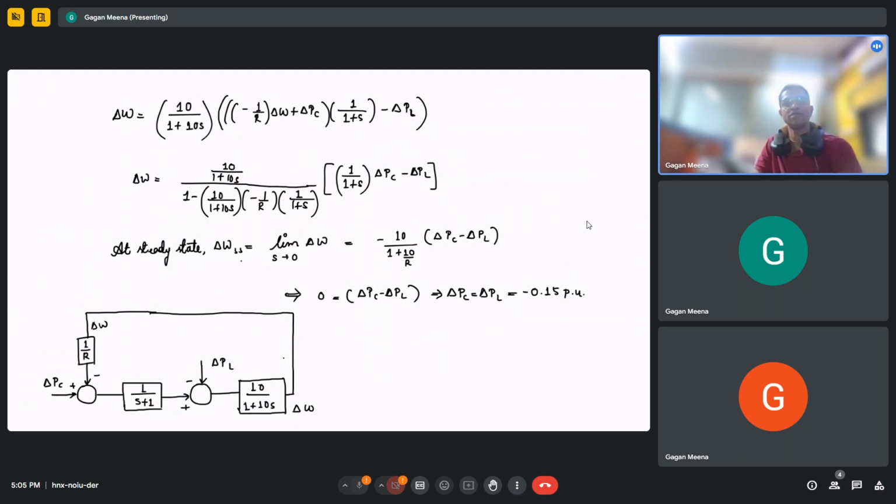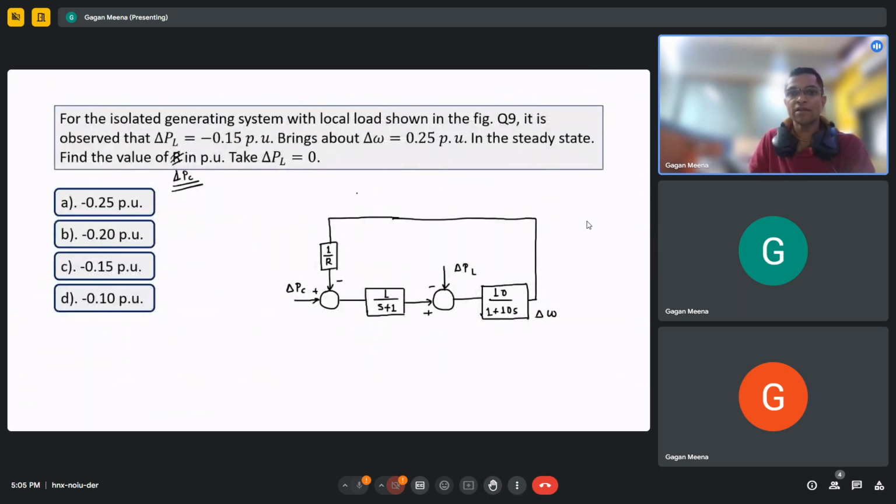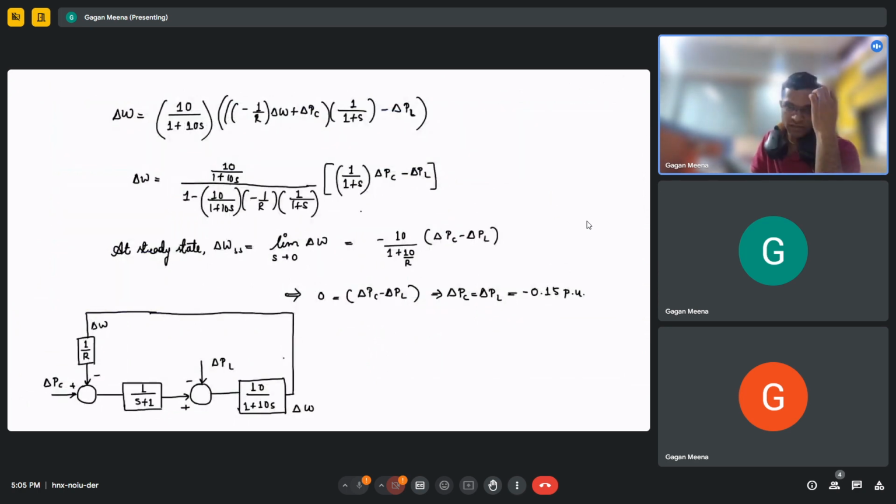And here in steady state, delta omega is 0. I will change this question. Delta omega has to be 0 here in steady state, and we have to find out the value of delta PC. So if you apply limit s tends to 0, delta omega is 0, then delta PC is equals to delta PL.